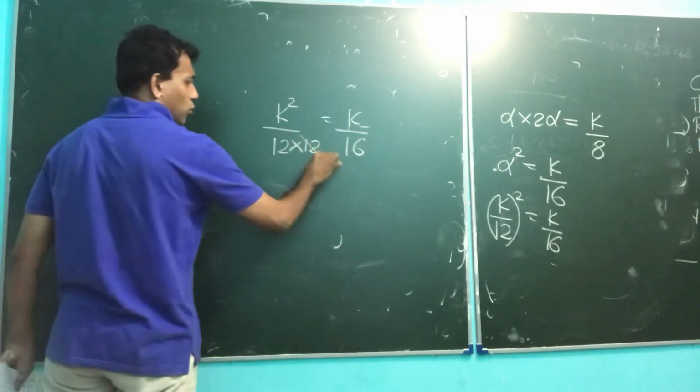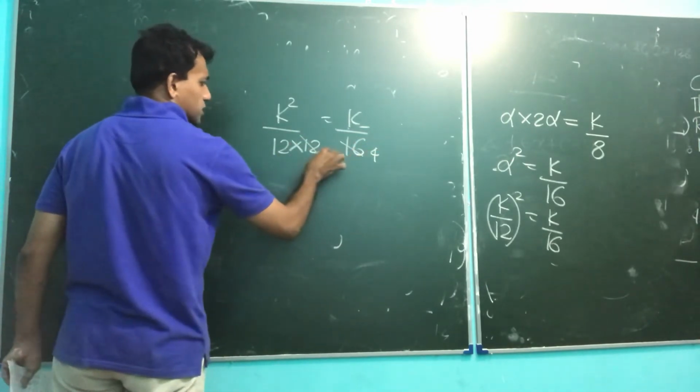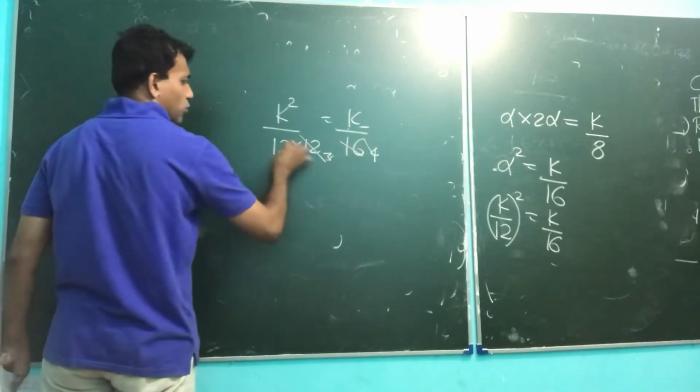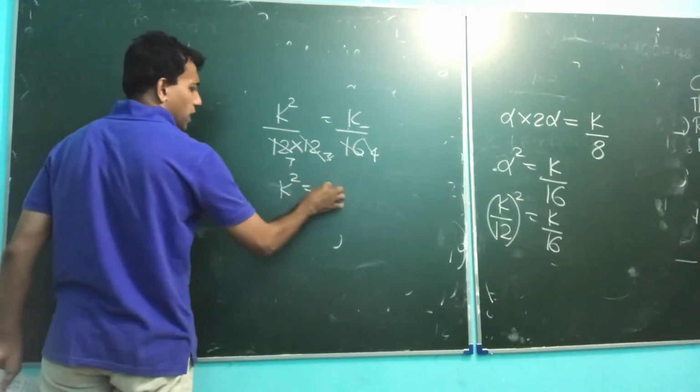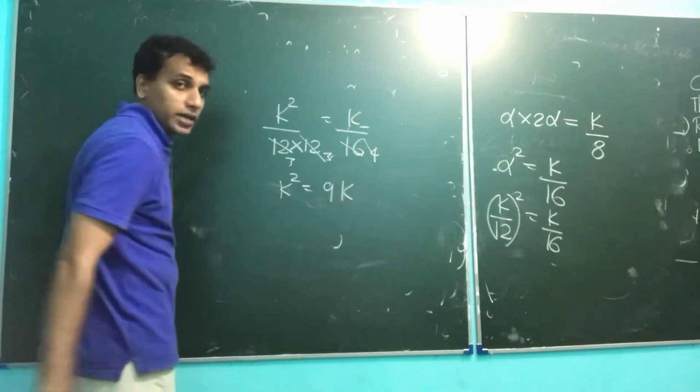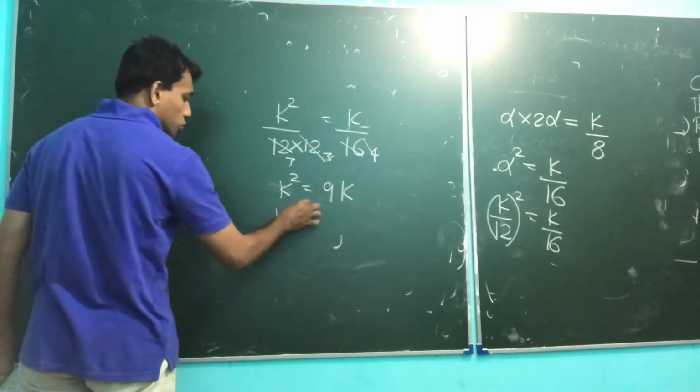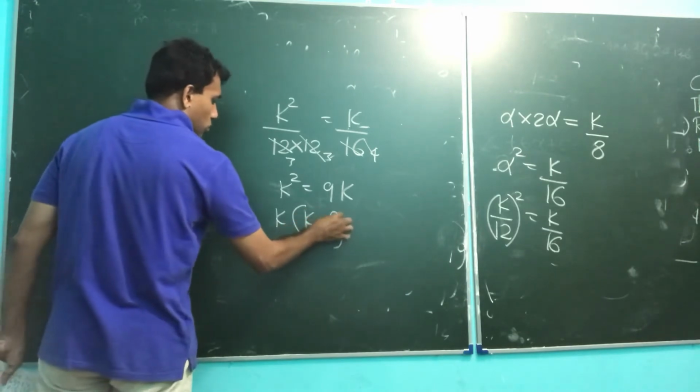Cut by 4, here 4 times, here 3 times, cut another 4, here 3 times. So k square equals 9k. Take the k out. So what are the answers?